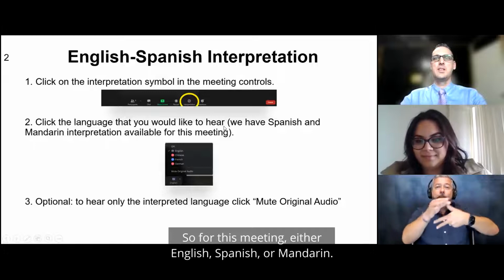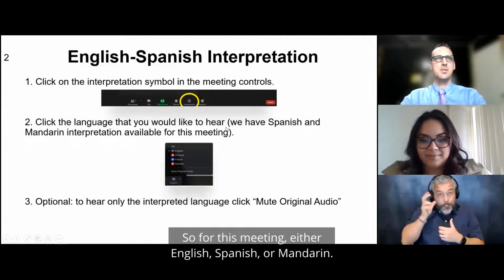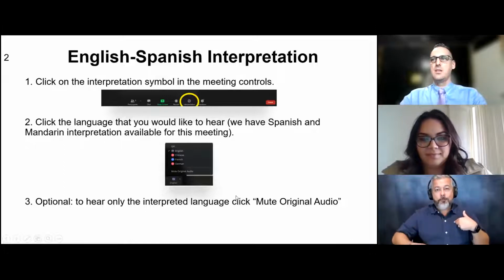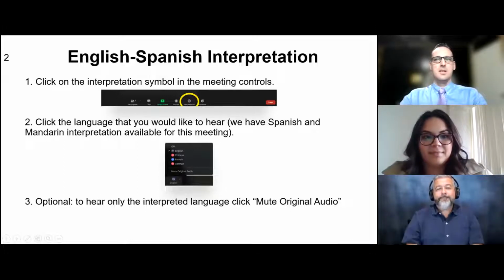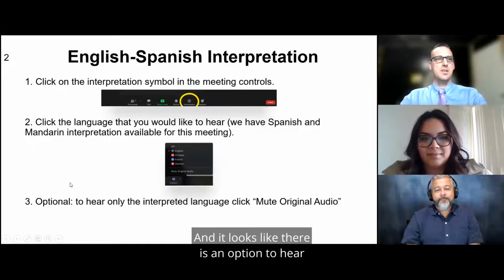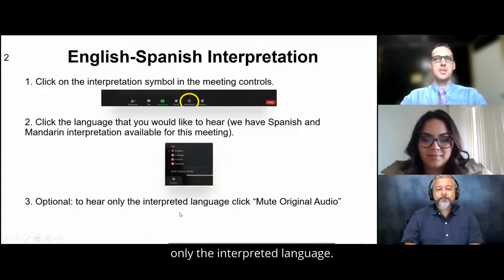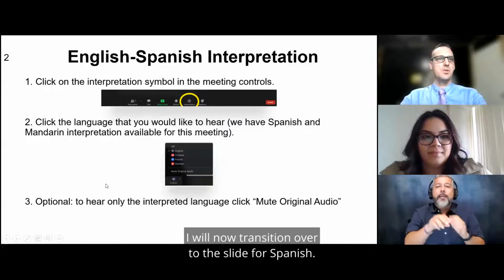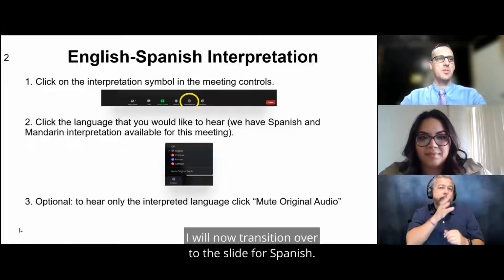So for this meeting, either English, Spanish, or Mandarin. And it looks like there is an option to hear only the interpreted language. To do that, you click Mute Original Audio. I will now transition over to the slide for Spanish.